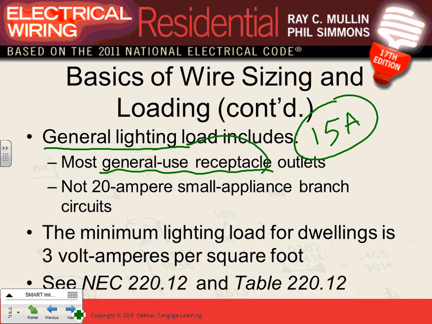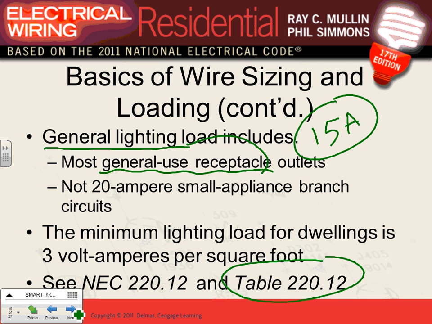When we do load calculation, guys, we're going to be looking at this table. And again, I promise you, we're going back to this table because we're going to do load calculation. For general purpose receptacles and lights, the NEC code book allows you 3 volt-amps per square foot.